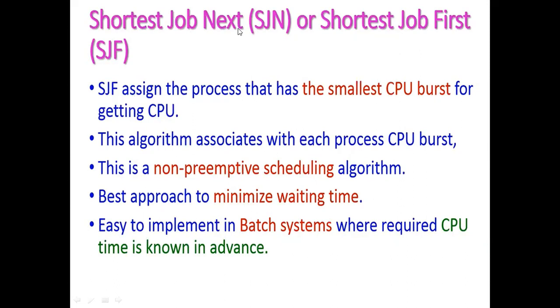The SJN or SJF scheduling algorithm is easy to implement in a batch operating system where the required CPU time is known in advance. So for carrying out the shortest job first scheduling algorithm, we should know the CPU time in advance, that is, the CPU burst time in advance.